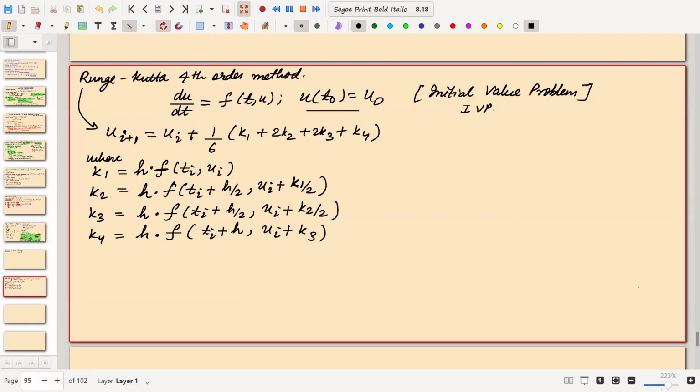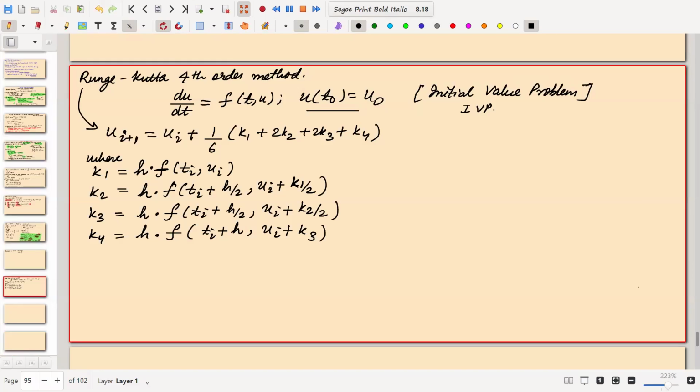This is a highly accurate method. So we will solve a problem so that you can understand this. Shall we solve the problem?